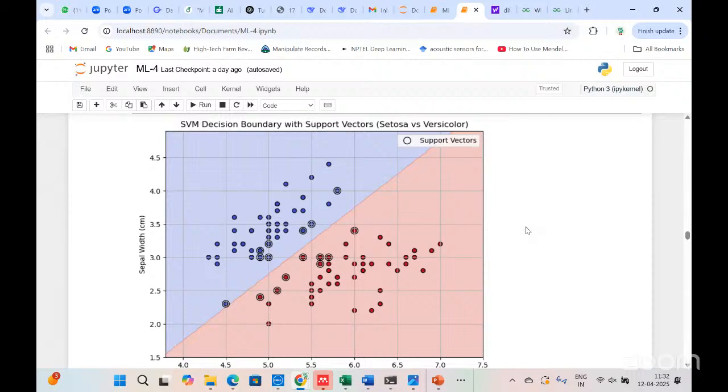Correct? Whereas coming to the SVM, by using the SVM classifier, we can classify the data which is not matched exactly, which matches up to some extent, by using support vectors. These support vectors will be placed nearer to the boundary line. Okay.